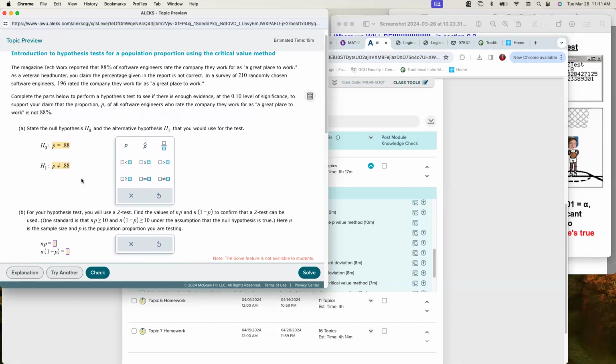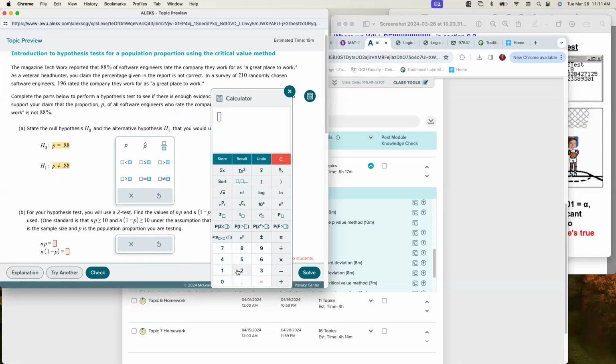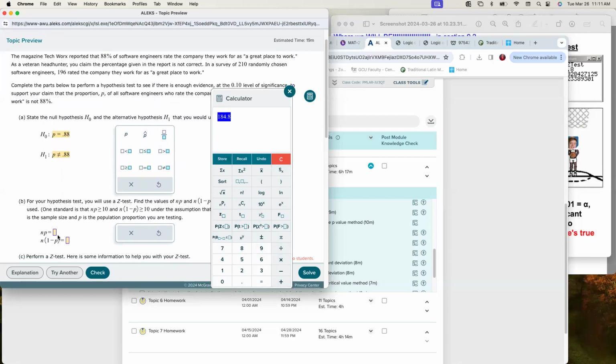Okay, so again, we've got to calculate those values here. We have 210 for my n. So if I take 210 times 0.88, put the right number in there, that turns out to be 184.8.